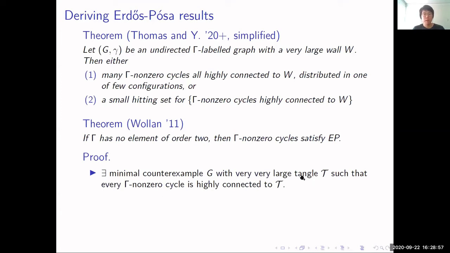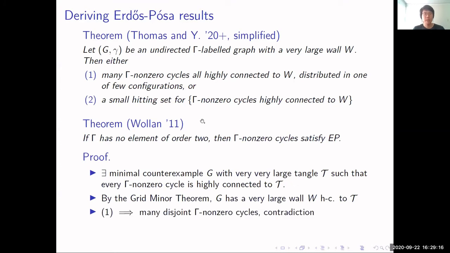The grid minor theorem says it has a very large wall, highly connected to the tangle. But with this tangle, we have this additional property that every non-zero cycle is also highly connected to the tangle. So we have this large wall, and our structure theorem says in the first outcome, there are many disjoint non-zero cycles highly connected to the wall. So in particular, we get many disjoint non-zero cycles. But what about the second outcome?